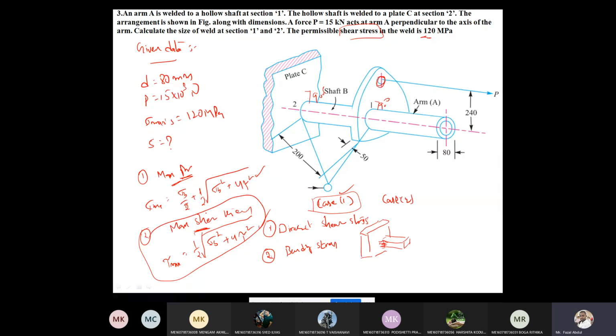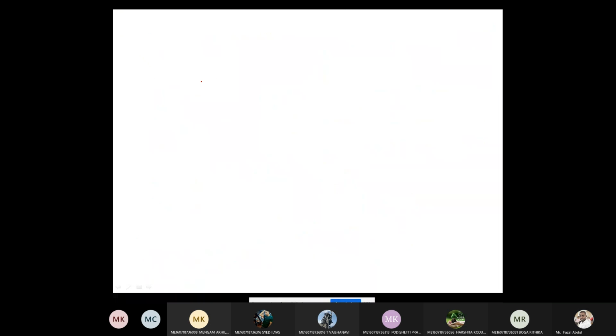So write the second equation here. According to shear stress theory, maximum shear stress equals 1 by 2 square root of bending square plus 4 shear square.